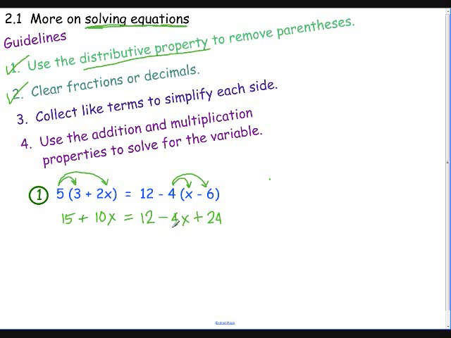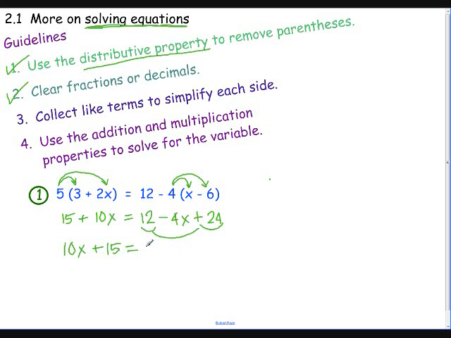Those are unlike. But here we've got two like terms, these numbers. They can be added together. I'm going to rewrite this with 10x first, plus 15. What did I just use? I used the commutative property of addition, right? And now if I add these two together, what happens?